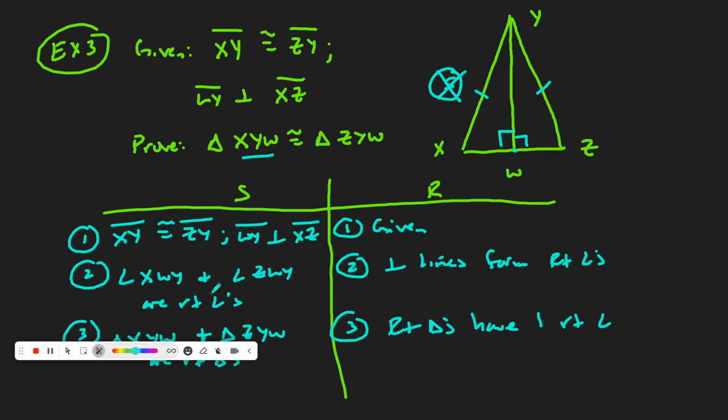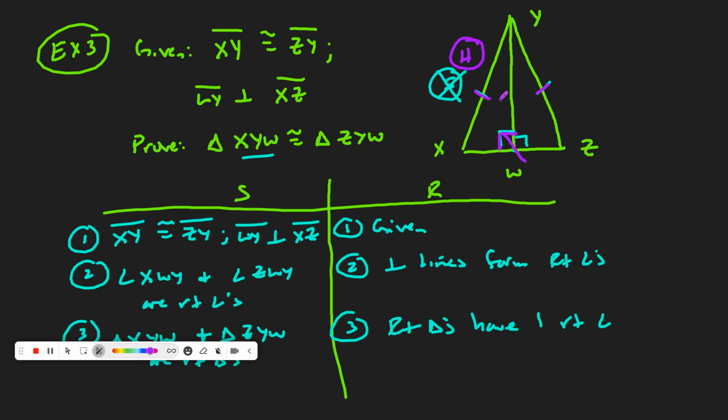Okay, so now that I've established that these two triangles are right triangles, if you look at this picture up here, these two segments, XY and ZY, the two segments that I was given are congruent, are actually the hypotenuses of the right triangle. Again, if you trace the right angle and draw an arrow, it points to the hypotenuse. So now our job is to prove that a pair of legs are congruent, and we can use HL.